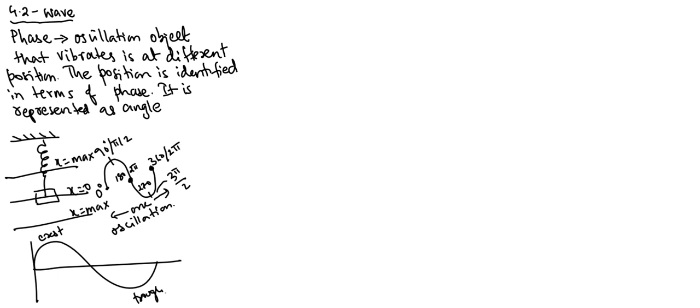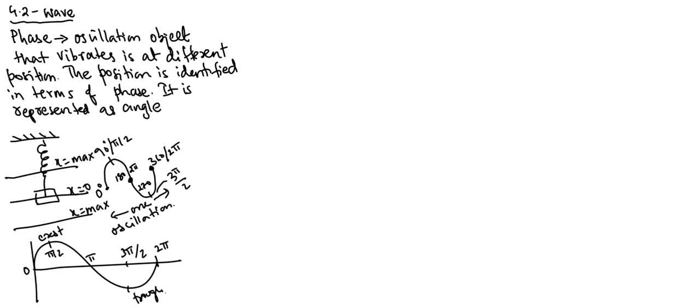Now I am coming back to this wave. So this is my 0, this is my pi by 2, this is my pi, here it is 3 pi by 2, and then I have my 2 pi.